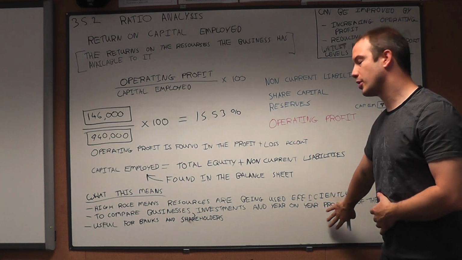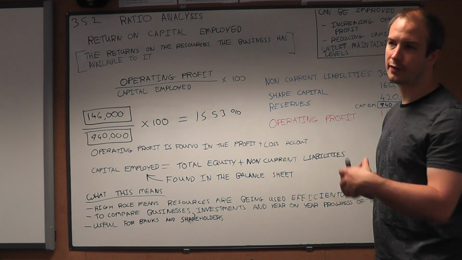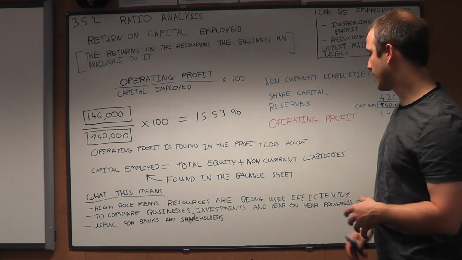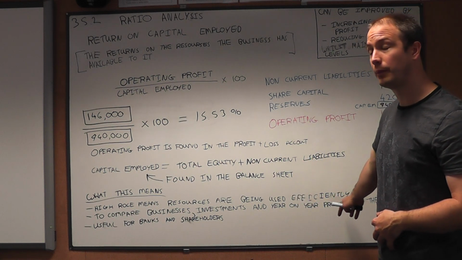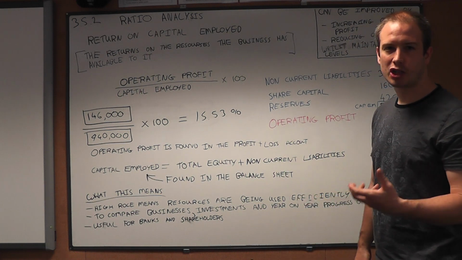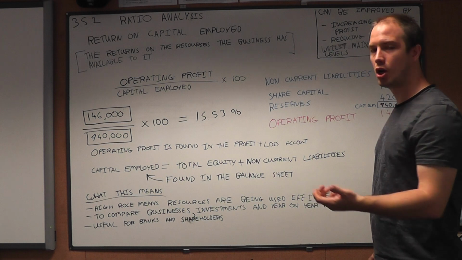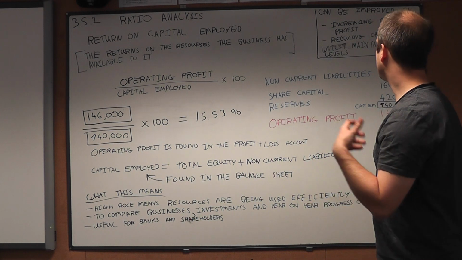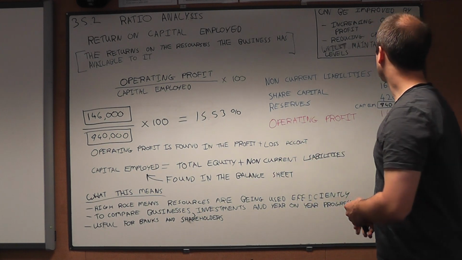Also, if a business is trying to raise money to develop or to buy new capital, having a high return on capital employed may attract shareholders, and they'll be able to get a better share price when they're selling these shares on the stock exchange, raising money for future finance and things like that.